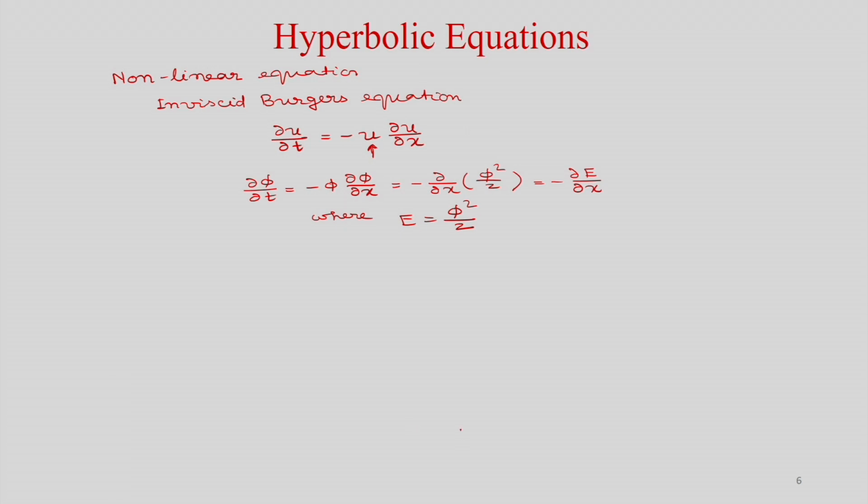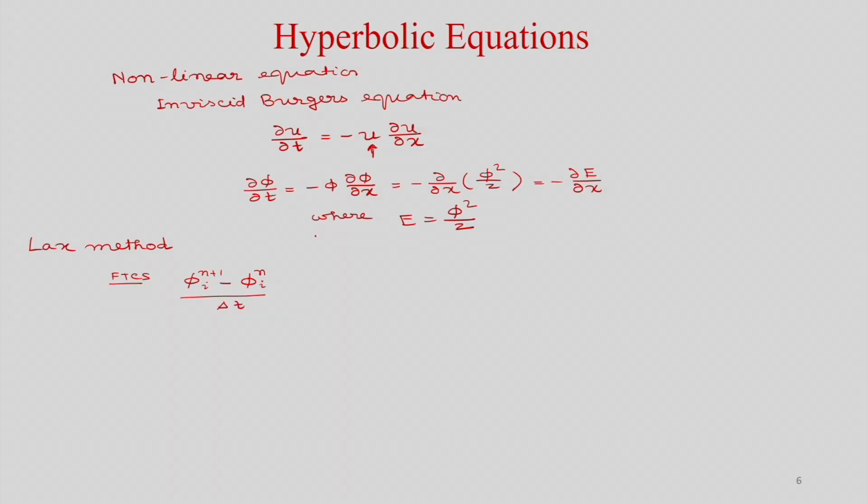Okay. So, now let us use the schemes that we have learnt before and apply them to this nonlinear equation. So, first we will consider, let us say, the Lax method. Okay. So, in the Lax method, you know that we considered forward time and central space. So, first you write forward time and central space: phi I n plus 1 minus phi I n divided by del t.